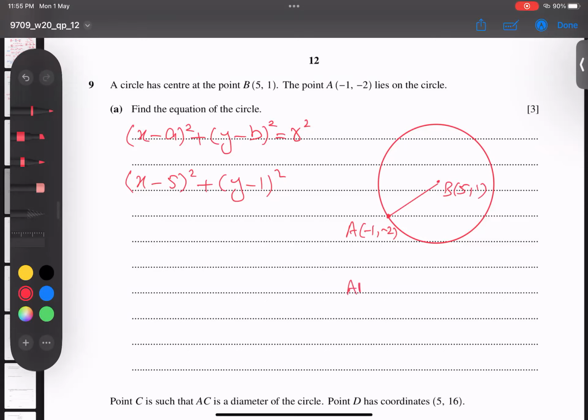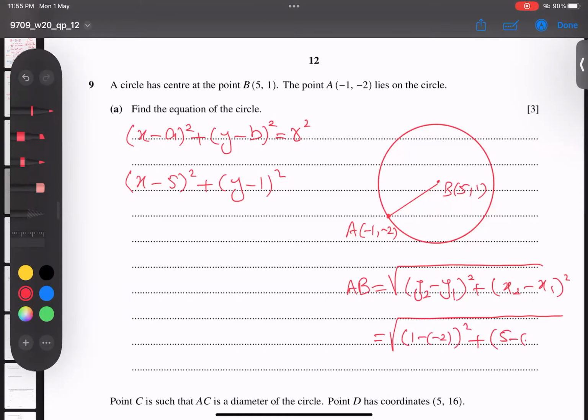So distance AB equals the distance formula: y2 minus y1 whole square plus x2 minus x1 whole square. So I'm applying 1 minus, again minus coming, so 3, 3 square is 9, and x2 5 minus, again minus 1 coming, so here I got 6, so 36.